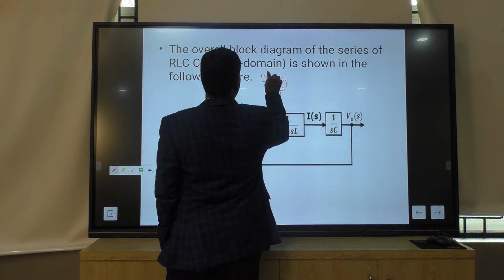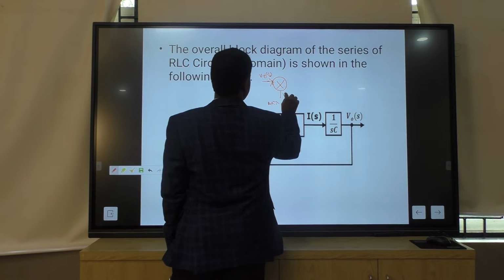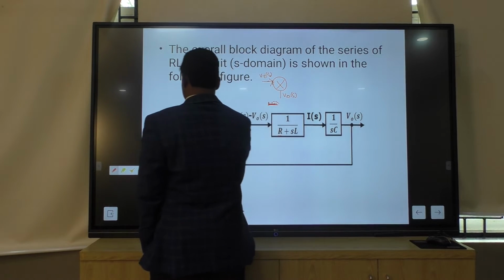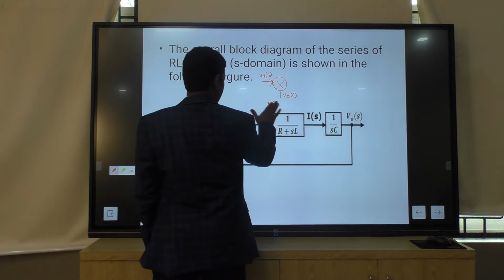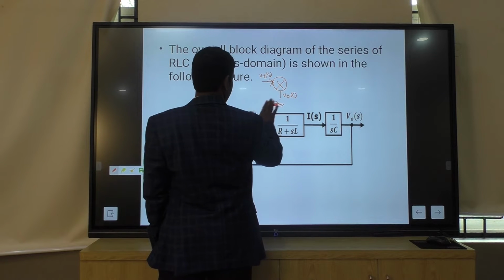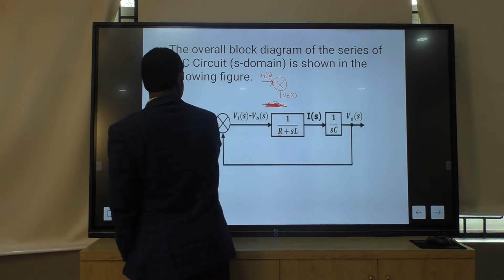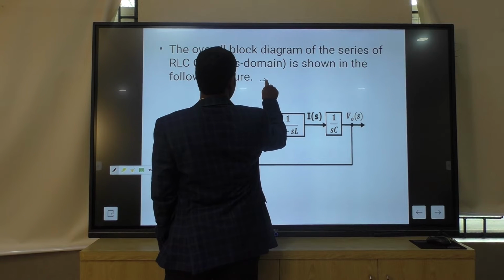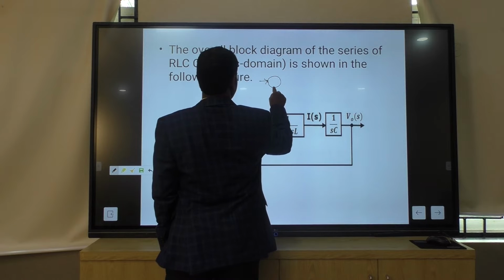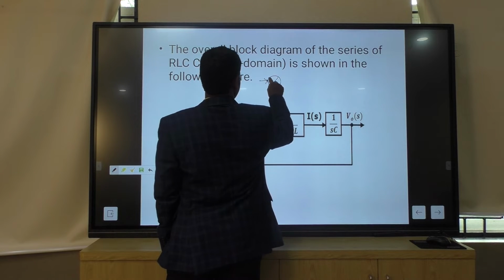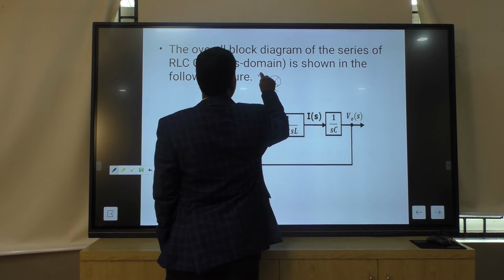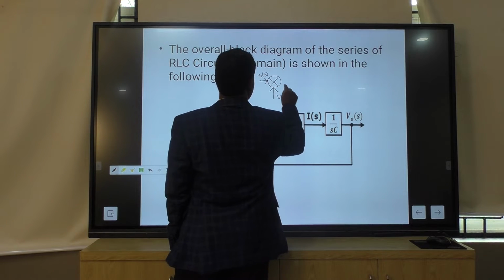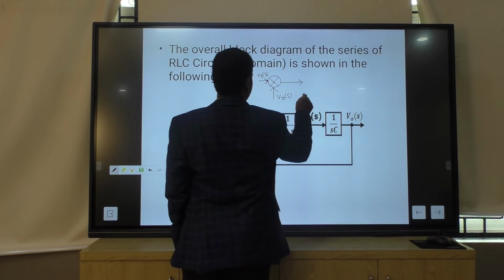This is VIS, this is V naught S. What is the output?